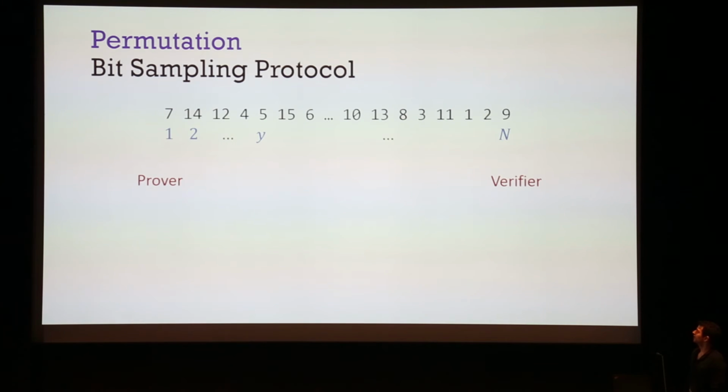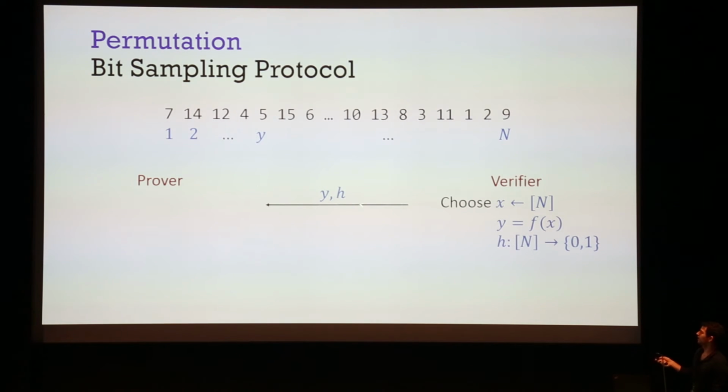So here is our protocol, our bit sampling protocol. So we want to sample a uniform bit. So the verifier, instead of choosing y, also chooses x, the pre-image of y, and it chooses some pairwise independent hash function. And it sends y and h to the prover, but keeps x as a secret for himself.